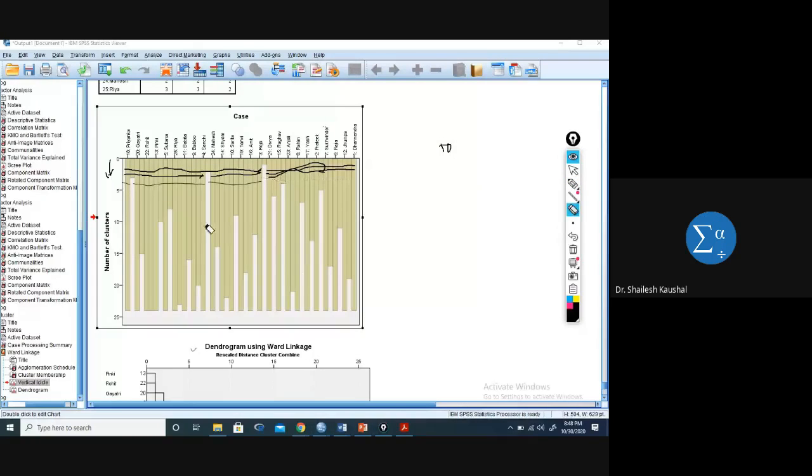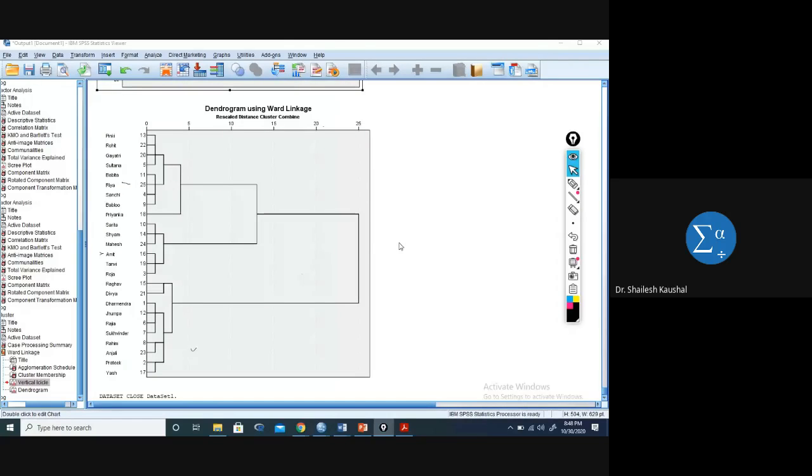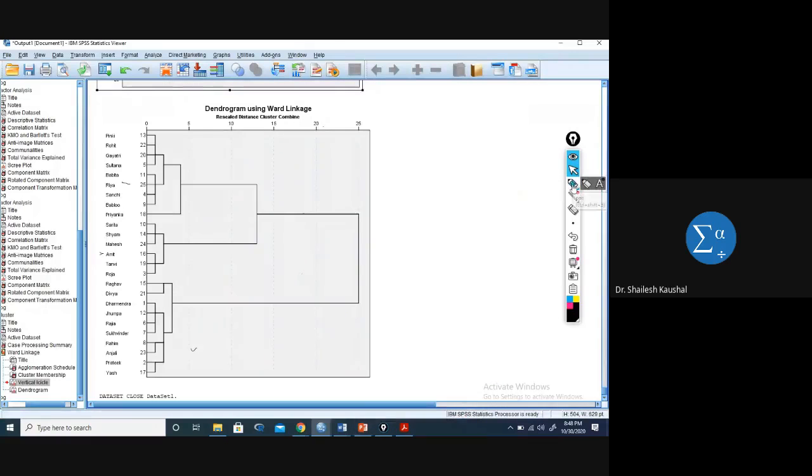Next, dendrogram. Okay, so here in the dendrogram there are two things, agglomerative and divisive. So what does it mean?